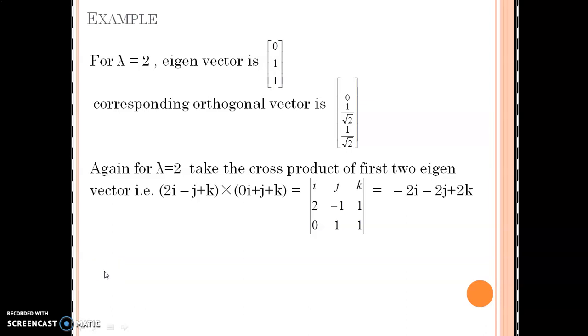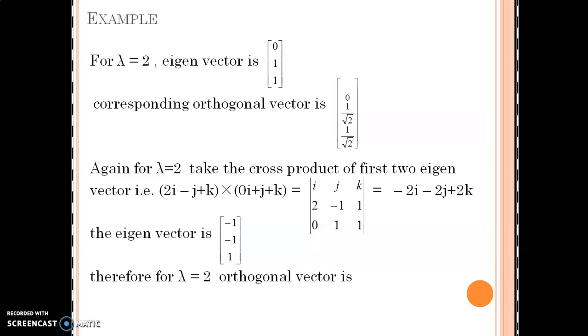And here we will get the eigenvector as -1, -1, 1, because we have reduced that by the factor of 2. And the corresponding orthogonal vector will be divided by root 3, because 1 plus 1 plus 1, square 1, square 1, square 1 is 3, and the square root of 3.